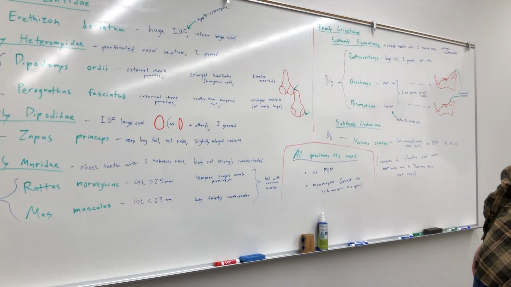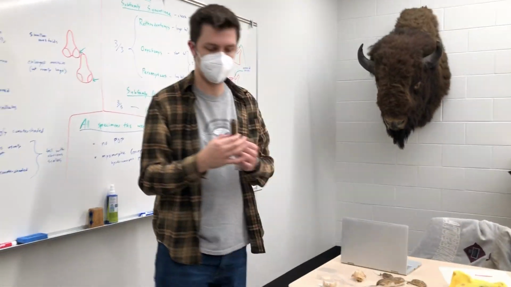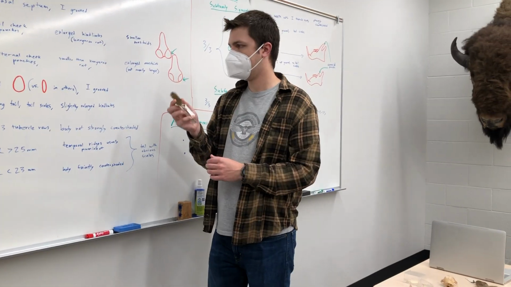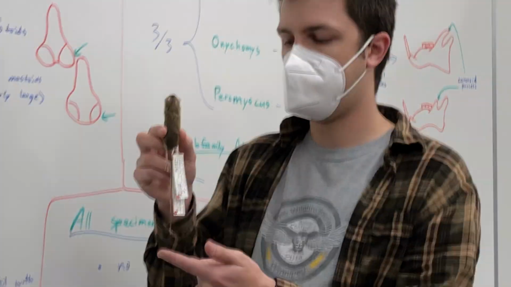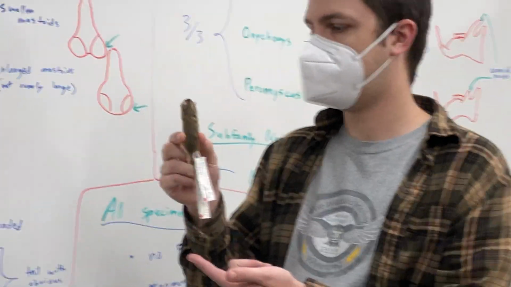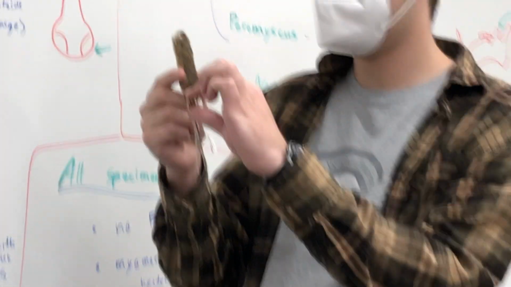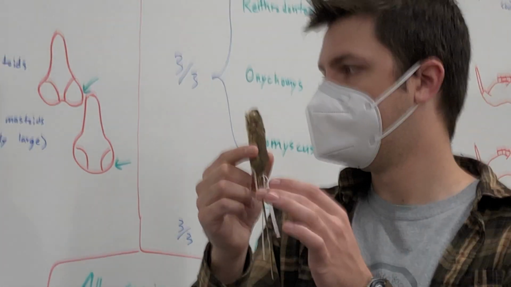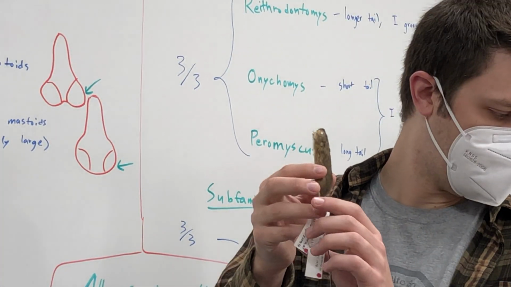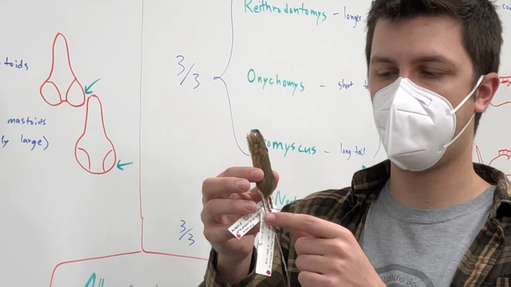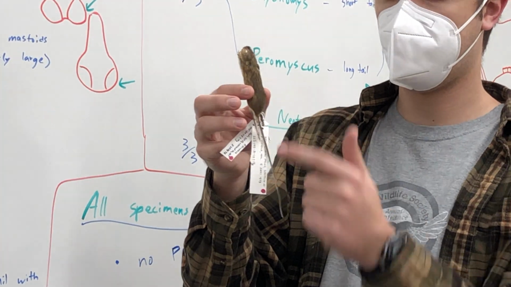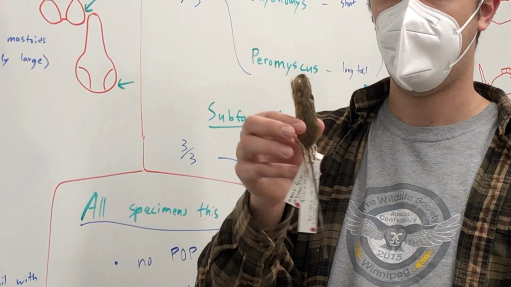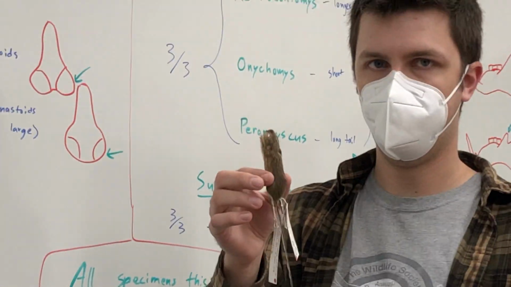Now for the skin, it's got a very, very, very long tail. And the hind limbs are also slightly enlarged, not quite as extreme as the kangaroo rat, but it has long feet and this super long tail and a regular mouse-sized body.